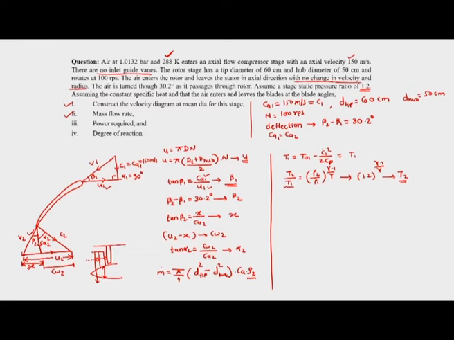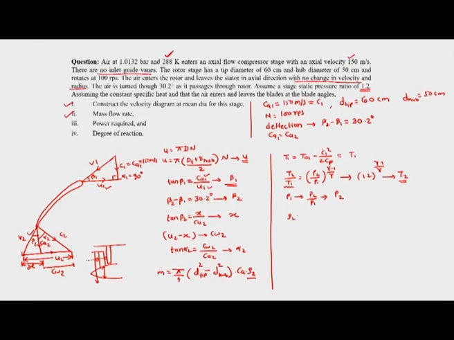Knowing T2, and knowing P1, we can find out P2. Okay, P2 is also known to us.